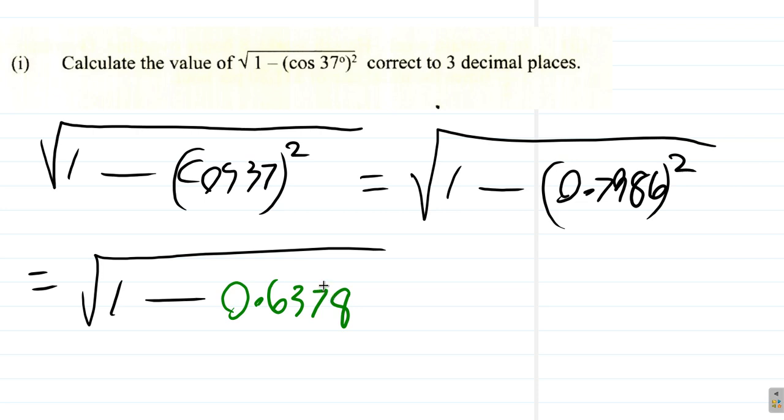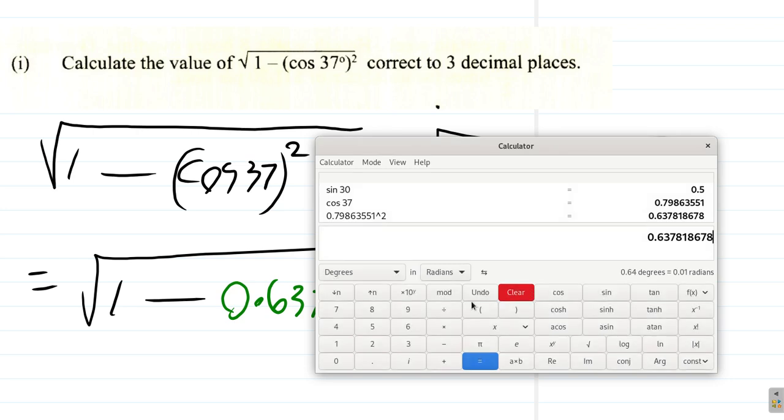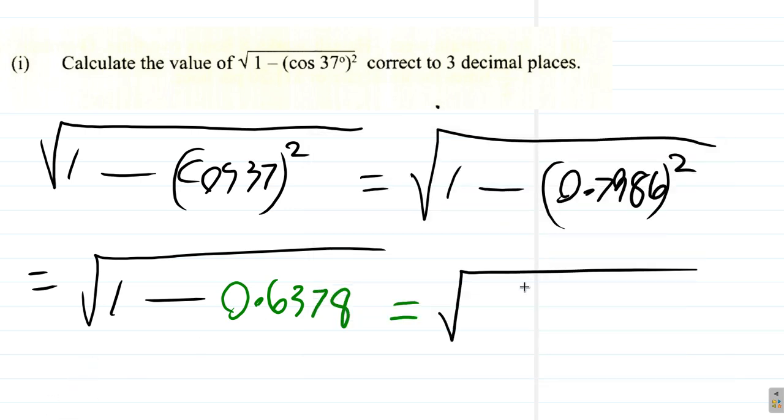0.6378 that you have. This is equal to the square root of 1 minus that now. So it's 1 minus 0.6378 equals 0.362. When you round it off, you get 0.3622. Alright?